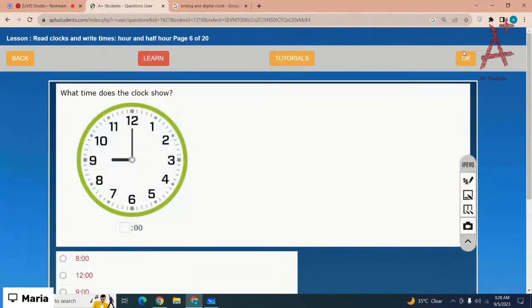What time does the clock show? Which is the correct option? The hour hand points to 9, right? That means it is 9 o'clock.